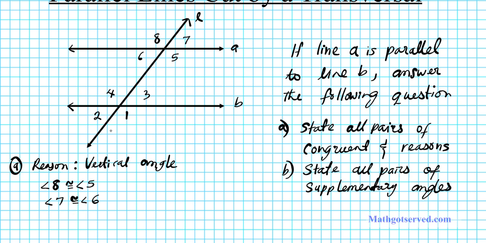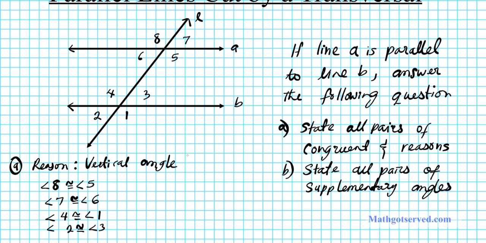And at this point right here, angle 4 is congruent to angle 1, because they're vertical angles. And angle 2 is congruent to angle 3. Those are the vertical angles that we have.